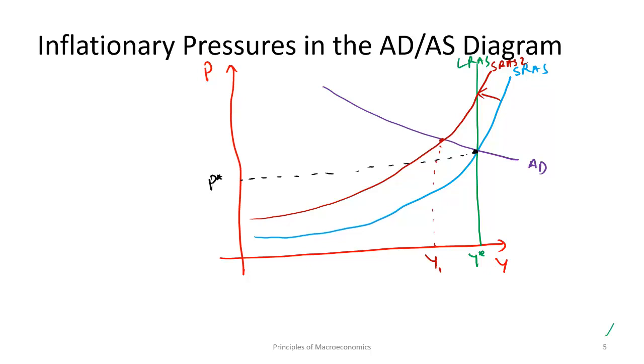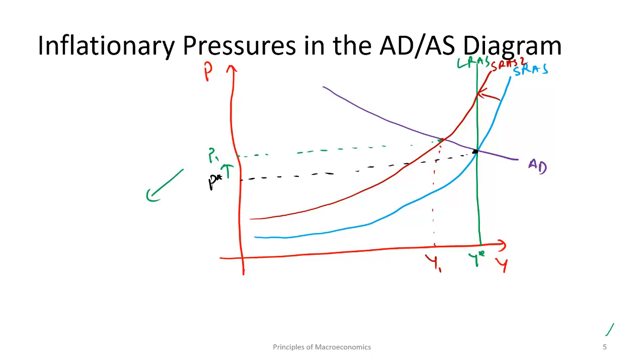After the new short-run equilibrium, prices moved up here. So what you can see here is that because of a left shift of the short-run aggregate supply, prices increase. And when prices increase, what we call is inflation.